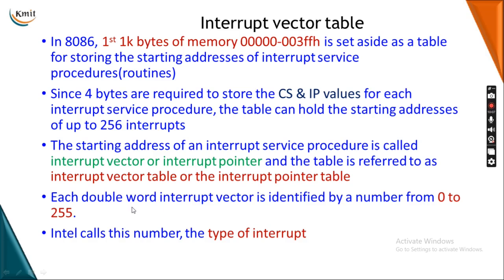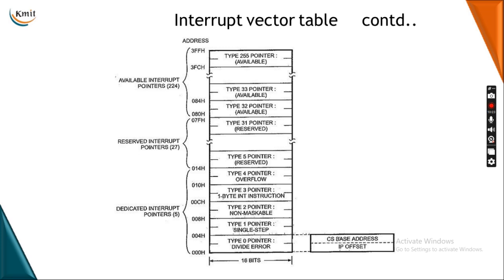Each double word interrupt vector is identified by a number from 0 to 255, as there are 256 interrupts. Intel calls this number the type of interrupt. You can see here how the vector table looks.